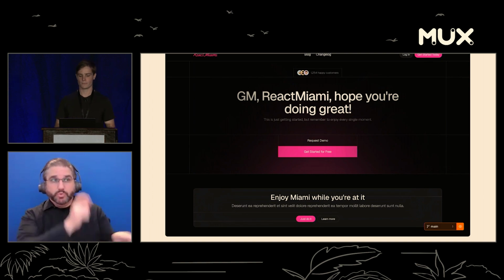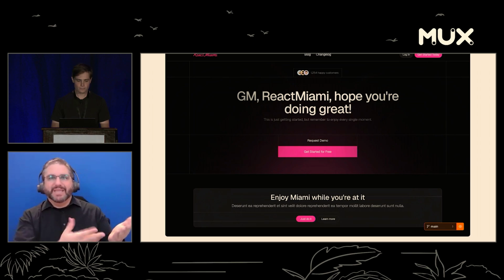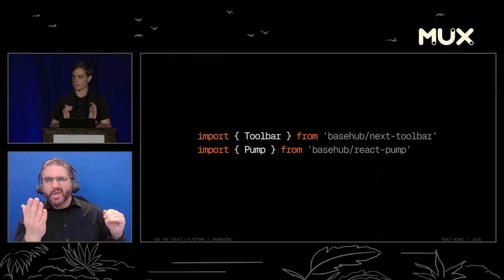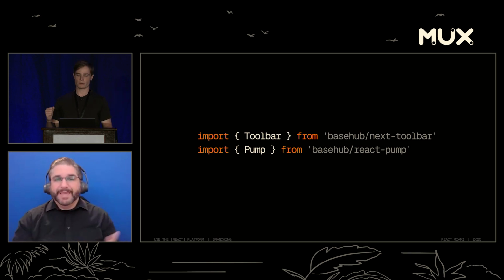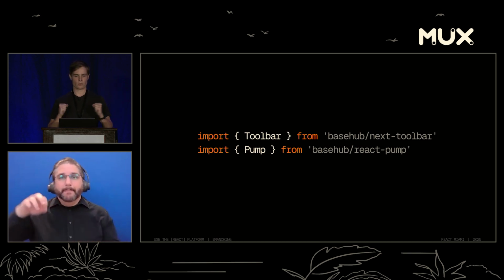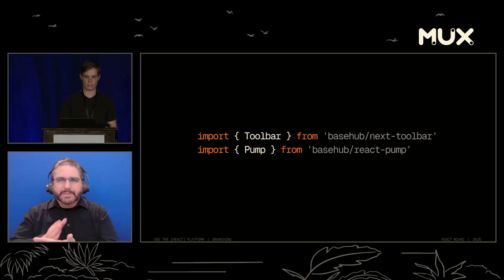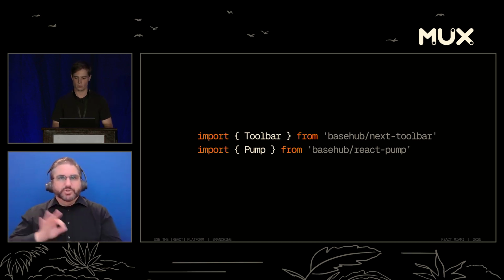You can preview it, and it should all work. This is much simpler, fortunately, because we already have pump. We already have toolbar. We kind of already have the foundational pieces to create this feature inside the website.